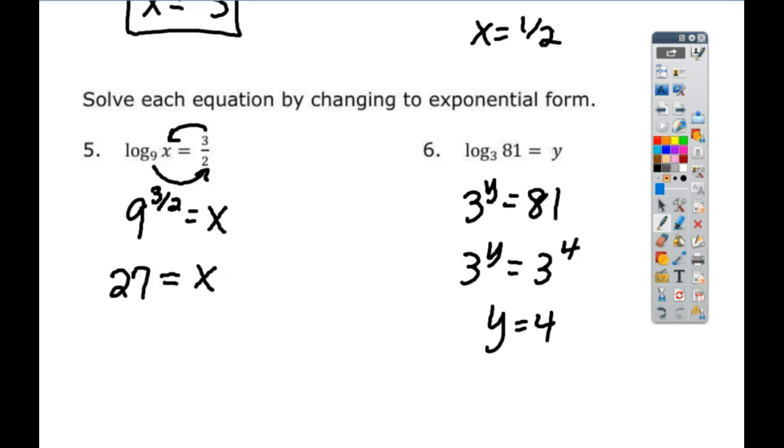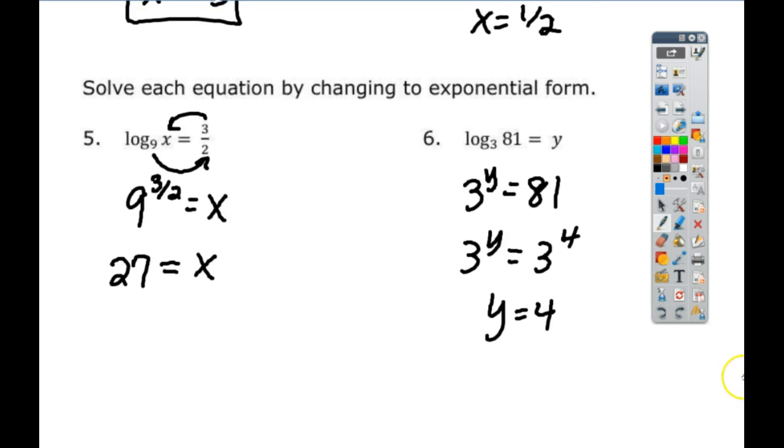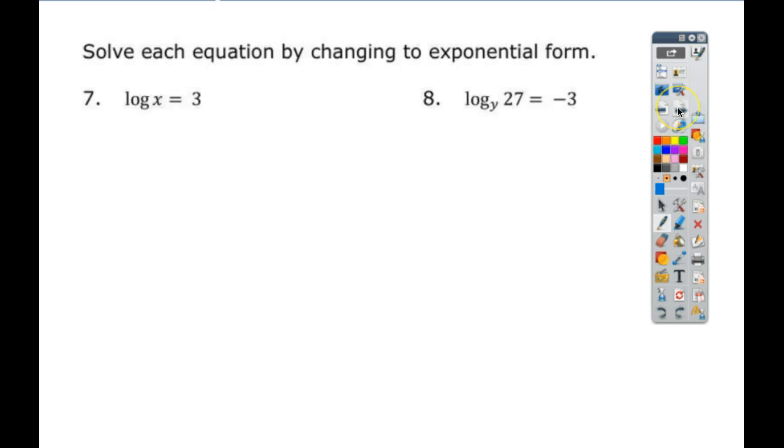I love you too. Type it in your calculator. Put it in parentheses. Put the 3/2 in parentheses. Did everybody get what I told you it was now? Okay.